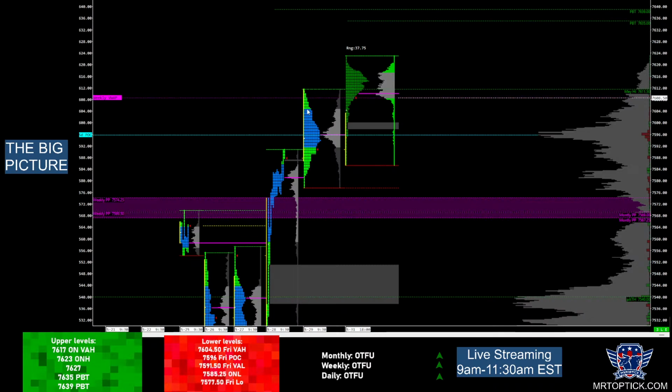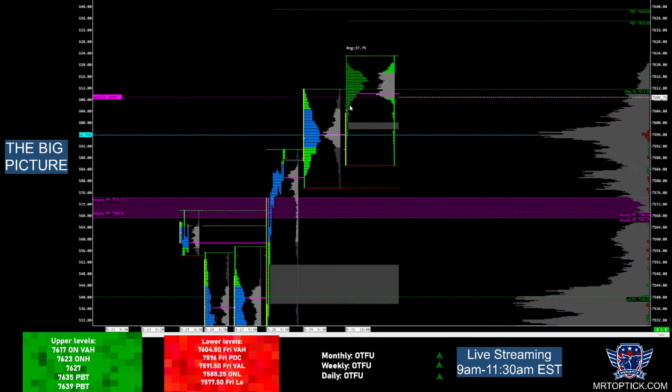Value area high for Friday is at 76.0450. So if we start accepting below it, I want to see some structure forming here, maybe a low into it, and then try to test it from the inside and see if that holds.